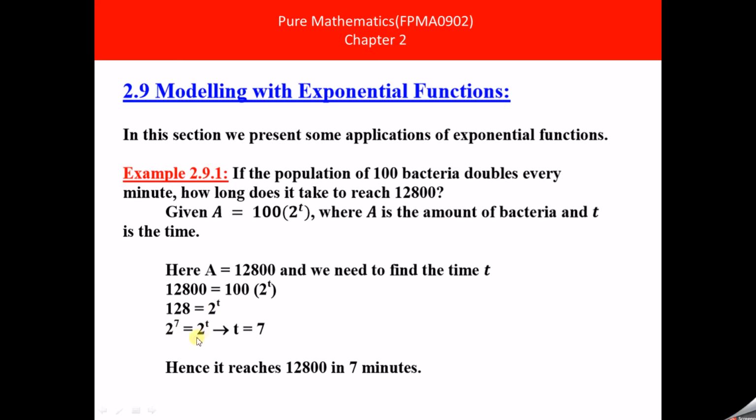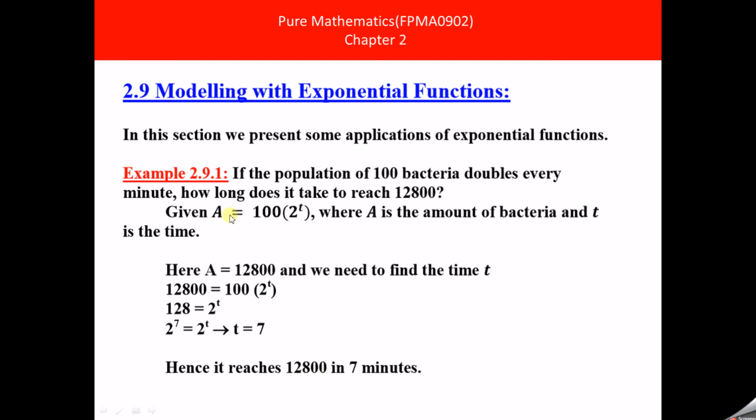Both sides are exponentials with the same base, 2, so we can equate the powers. Here the power is 7, here the power is t. So t equal to 7. After 7 minutes the bacteria population reaches 12,800. So the answer is 7 minutes.